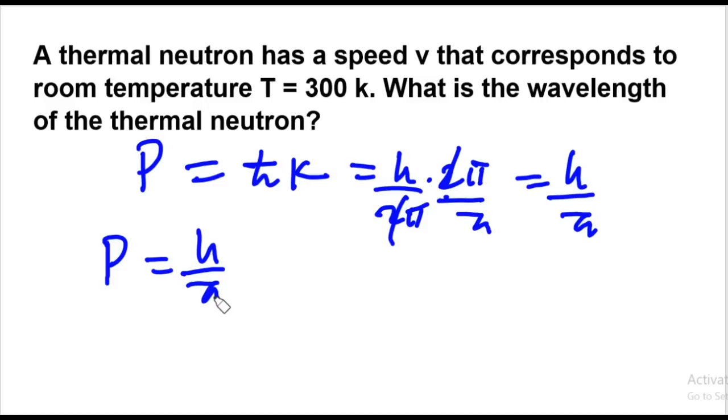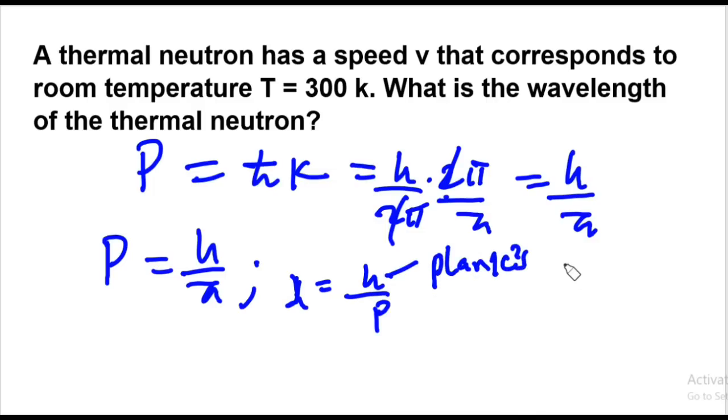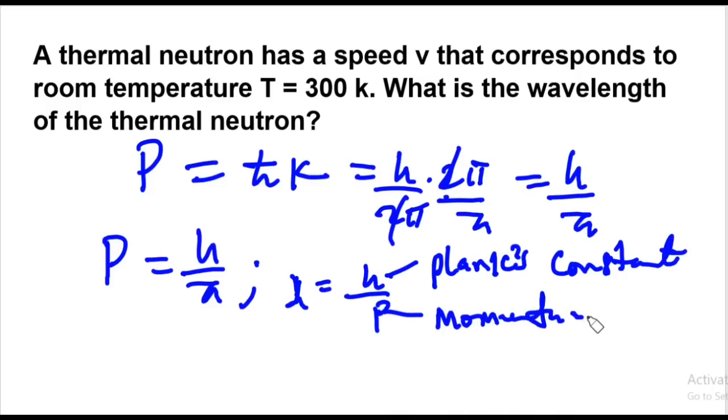So we now see that a material particle moving with momentum p has a wavelength given as, if you make λ the subject of the formula, λ equals h upon p, where h is Planck's constant, p is the momentum, and λ is the wavelength.